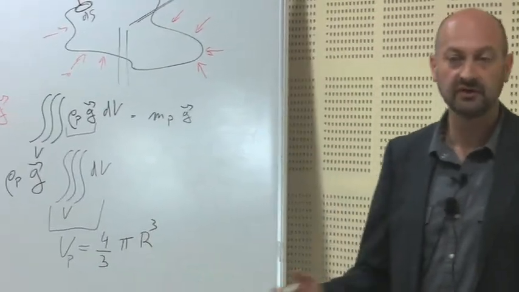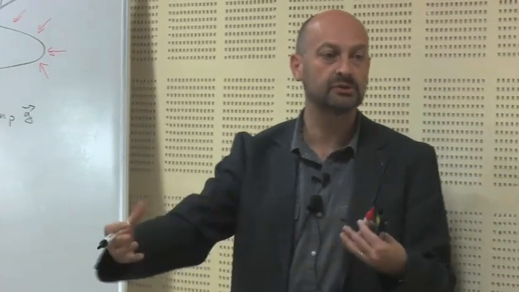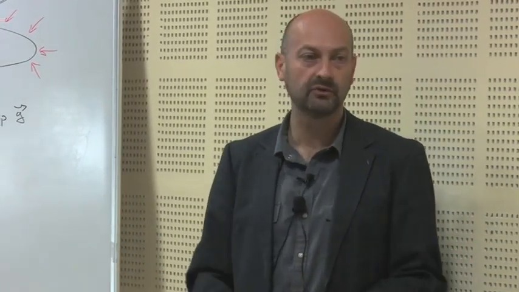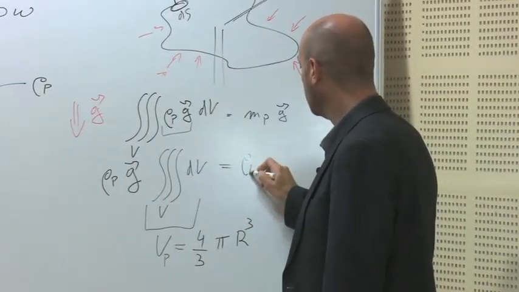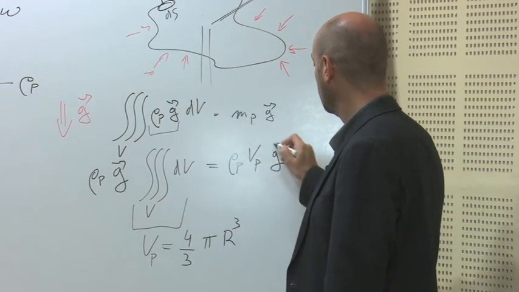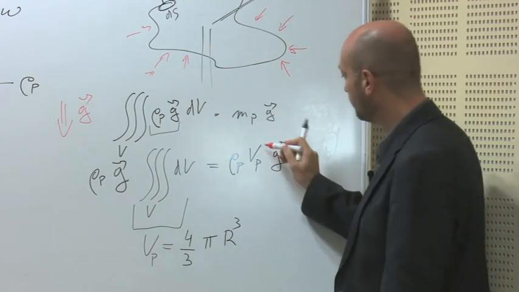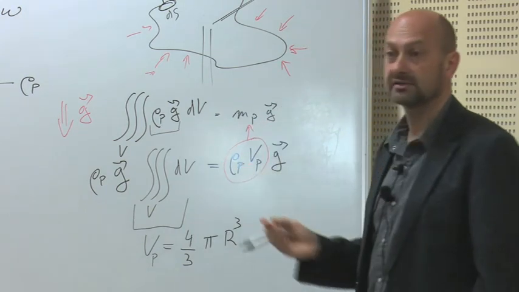If it's not a sphere, you have to evaluate the volume of your particle. If it's an ellipsoid, if it's a complex shape, you have to evaluate the volume. And that will give you rho p V_p g, and rho p V_p is the mass of your particle.